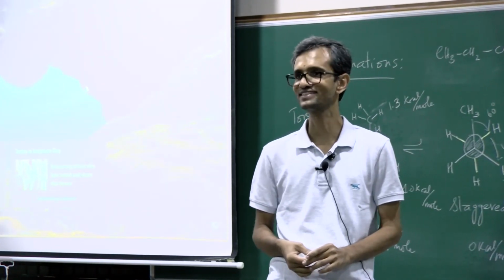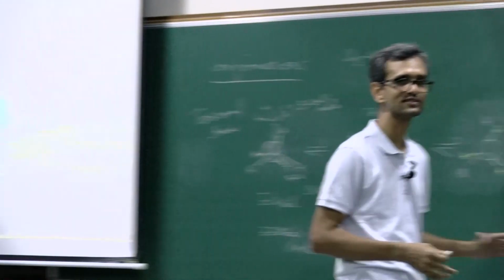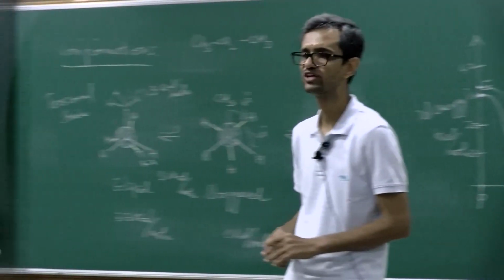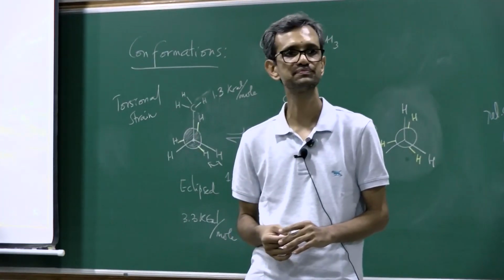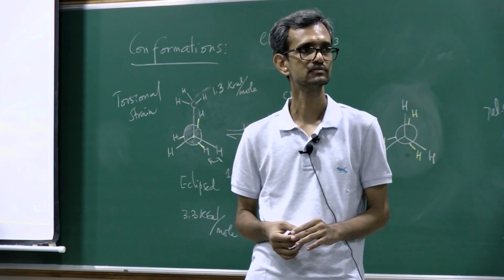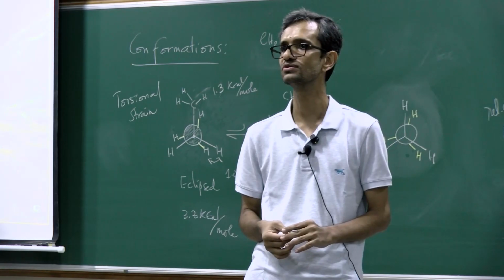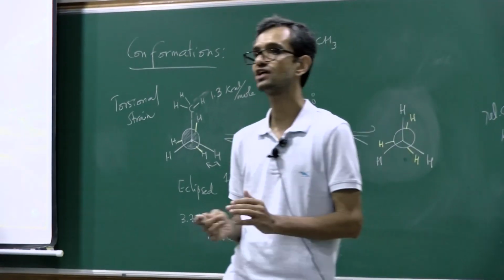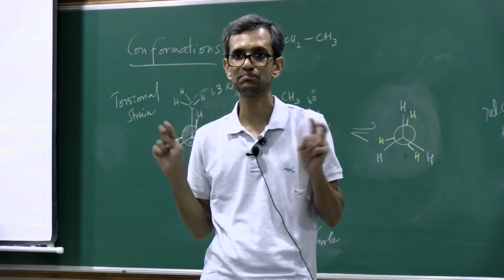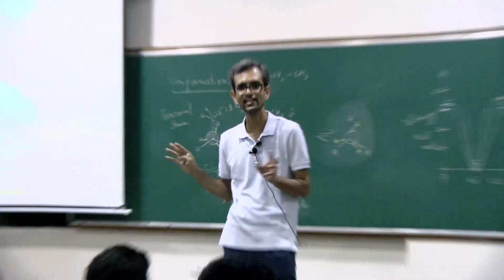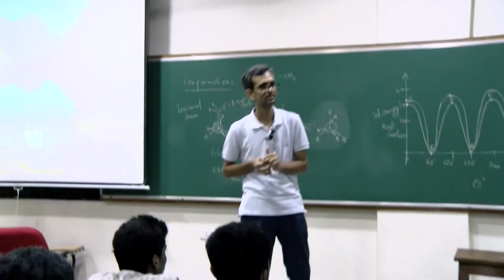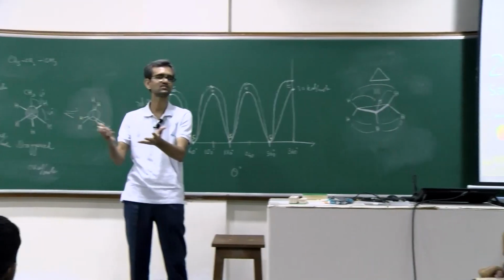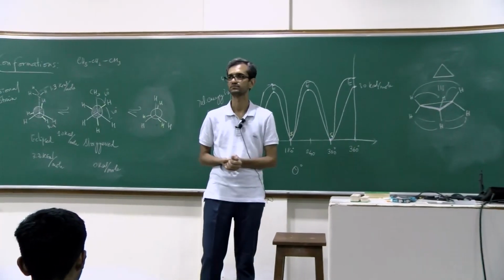Now the question is, how stable is this compound, do you think? It is very, very unstable due to torsional strains. Is the torsional strain playing a dominant role, or do you have something else also along with the torsional strain? Angular strain is also playing an important role, right?